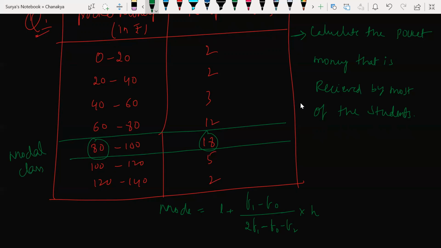This is my F1. The preceding number is F0. The succeeding number is F2. What is the height here? Class height is 20. L is 80, F1 is 18, F0 is 12, F2 is 5. Clear?